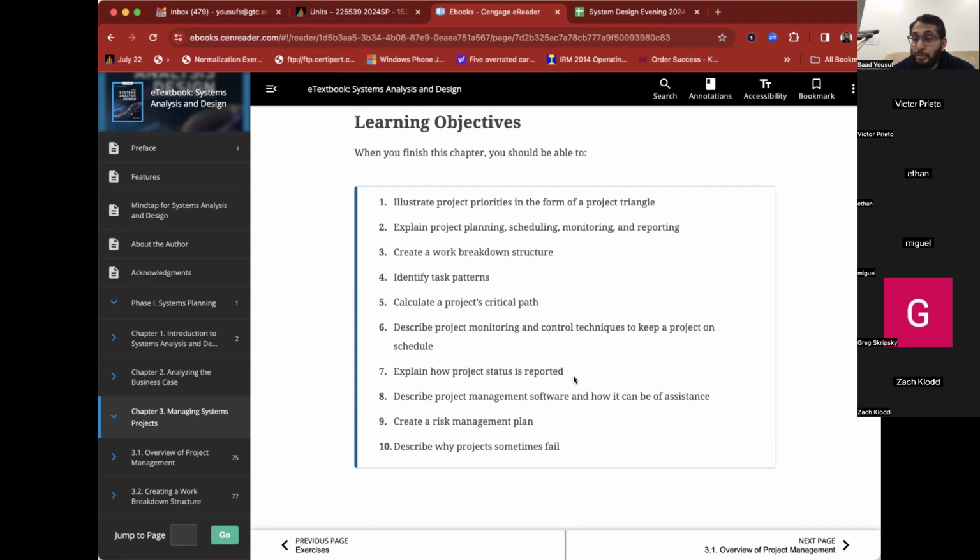All of these components are very tied and linked with each other, very tightly integrated with project management. We will then be looking at, towards the end, the project status report. We'll be looking at how project management software is used, what risk management is, and why sometimes projects fail.